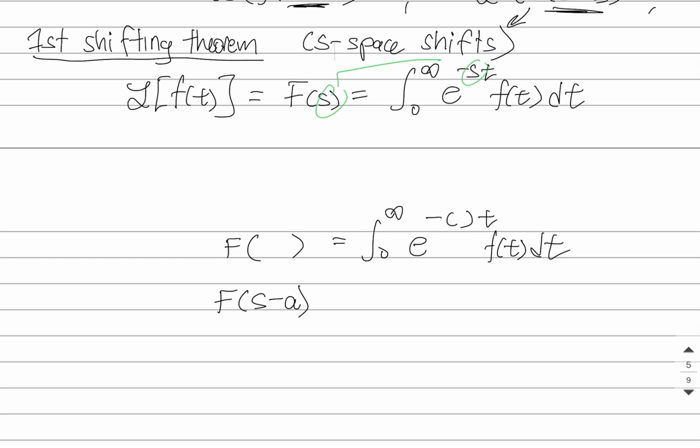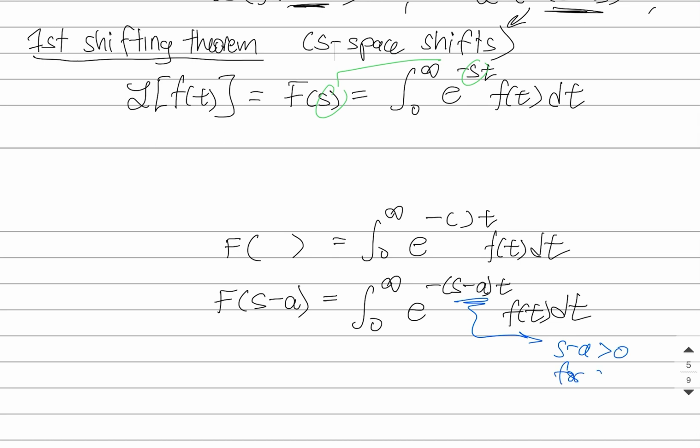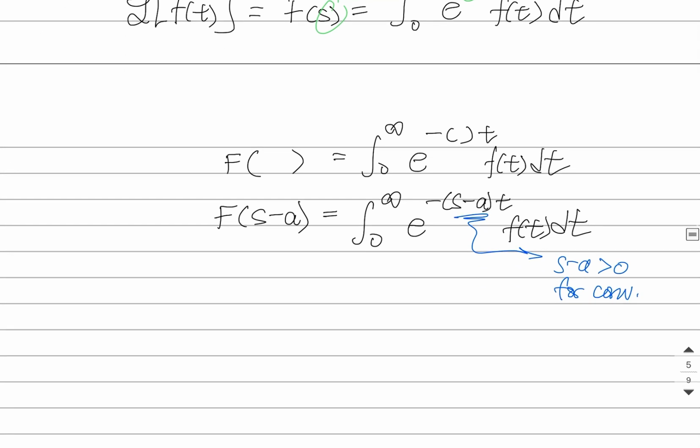So if I put in an s minus a, then what's going to happen here is that I'll have e to the negative (s minus a)t f(t) dt. Now, this is going to require that s minus a be positive for convergence. In order for this integral to actually exist, I'm going to need to do that.